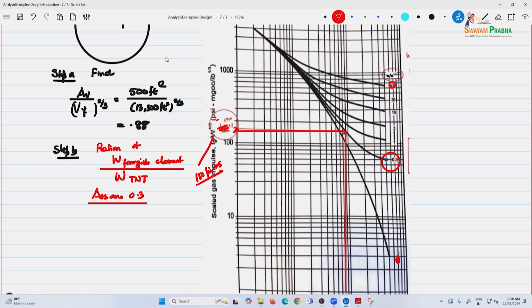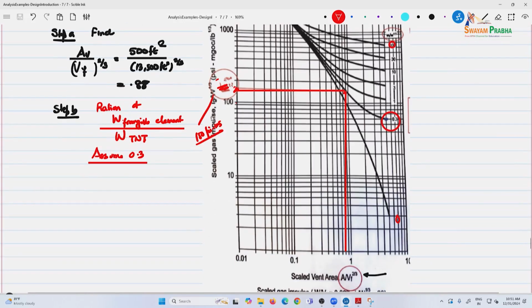So yes, psi, this is the scaled gas impulse. So this is psi milliseconds by W power 1 over 3, you're right.